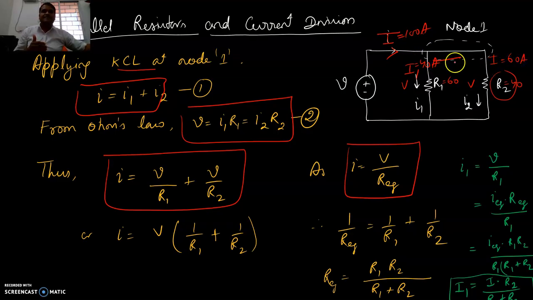It is like the current is divided depending on the resistor on the opposite side. So the current in one branch depends on the resistance of the other branch.